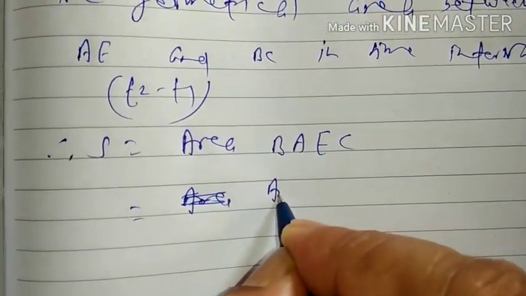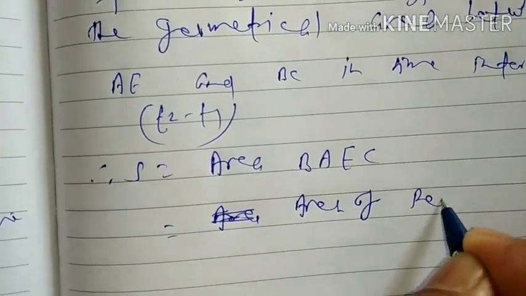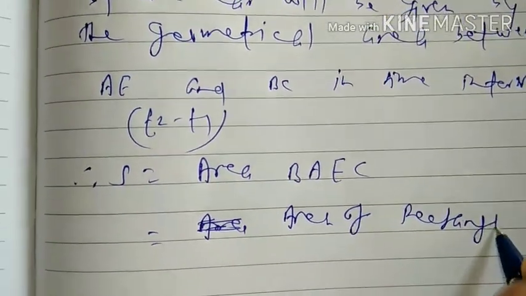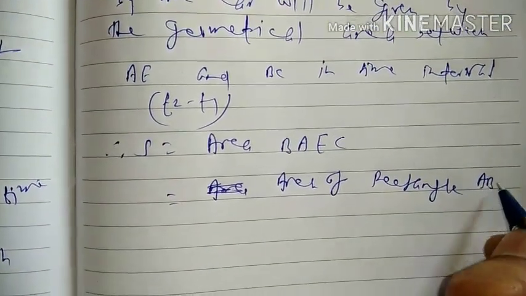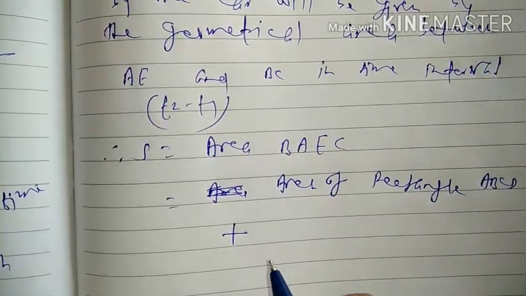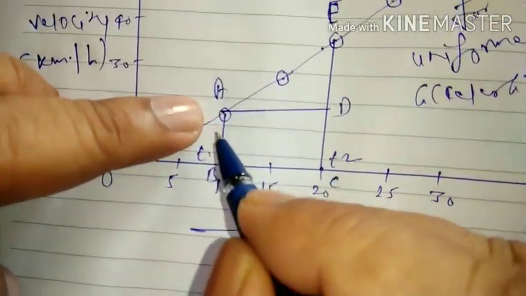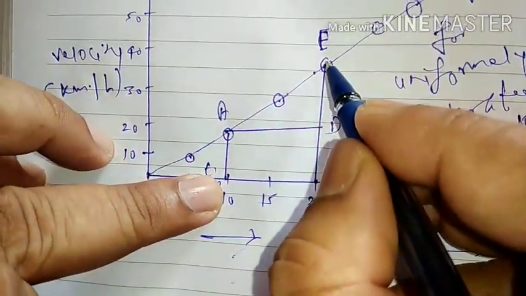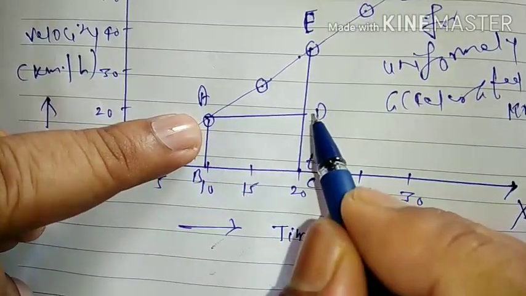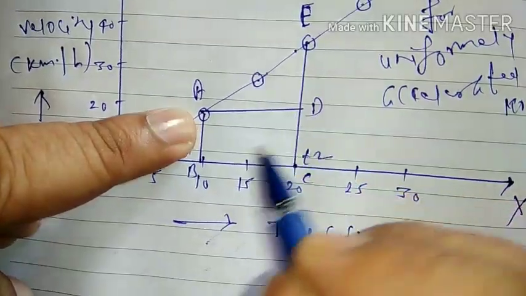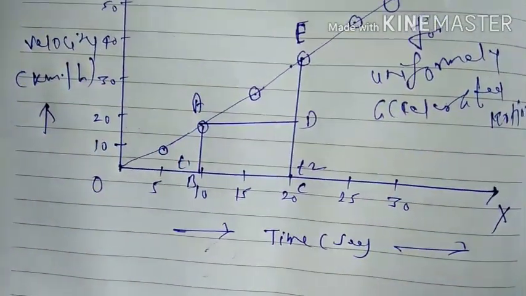The whole area BAEC may be given by the area of rectangle ABCD plus the area of right angle triangle ADE.